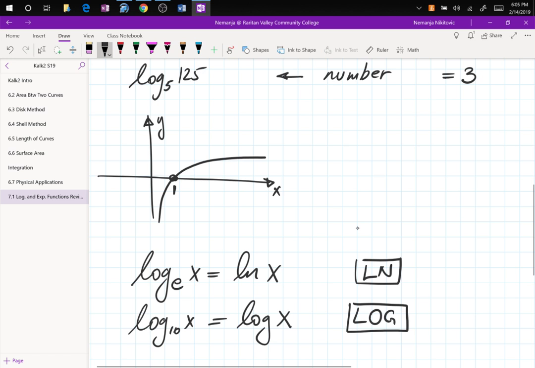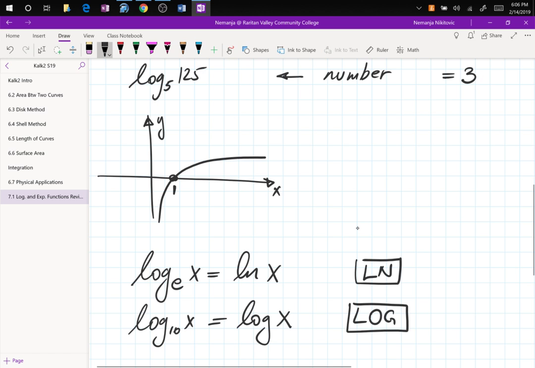And then you're going to have some things in physics like intensity, the decibels for sound, or the earthquake. So waves in particular would have log base 10. Also pH values that you use in chemistry also have a formula that has log base 10 in it. So you are either going to look at log base 10 or log base e, which is ln. Anything else we technically don't care about.